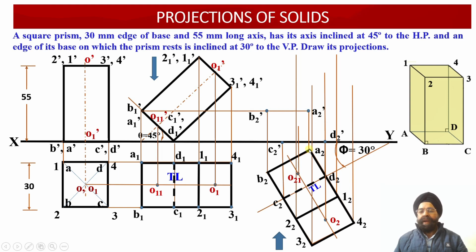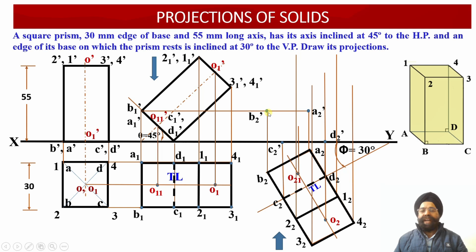So here we can see the vertical projector through A2 and the horizontal projector through A1 dash. They intersect over here. We obtain the point A2 dash. The vertical projector through B2 and the horizontal projector through B1 dash have intersected over here. So this has provided us with the location of B2 dash.